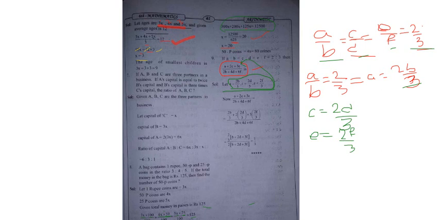Yes, easily we will get it. Now you understood how you got these values? I wrote the whole thing in fraction form. A by B equal to 2 by 3 means A equals 2B by 3. Similarly, C by D equal to 2 by 3 gives C equal to 2D by 3. And E by F equal to 2 by 3 gives E equal to 2F by 3.